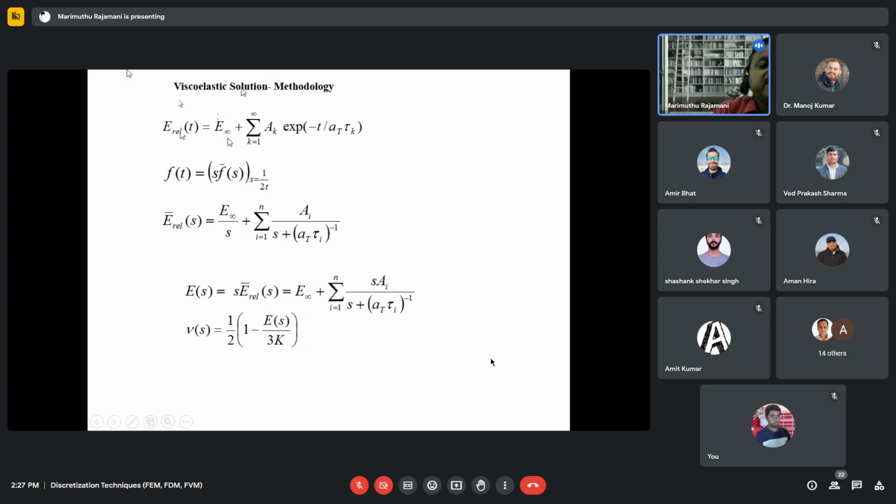As time goes, it will reach an equilibrium, and that value will be very low. That is the equilibrium modulus. Because it is decaying exponentially, this is the expression, and this can be solved by time marching itself. That is one way of solving.